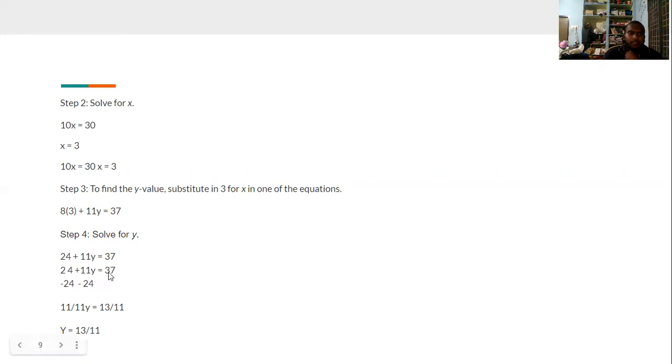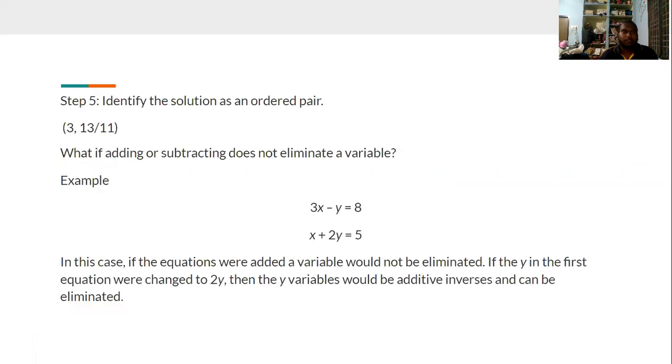Subtracting 24 from both sides, 11y is equal to 13, so y is equal to 13 by 11. Step 5. Identify the solution as an ordered pair: 3 comma 13 by 11.